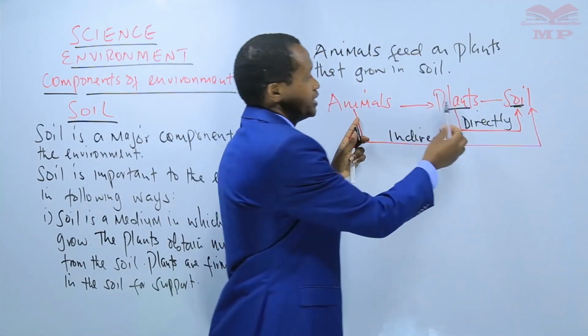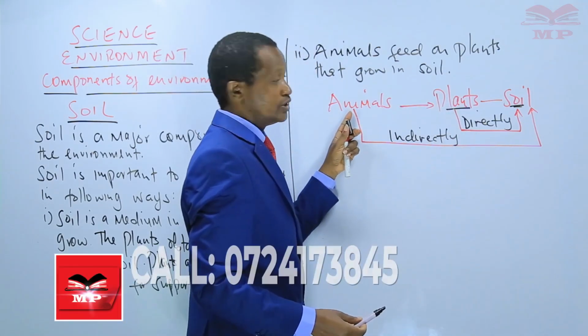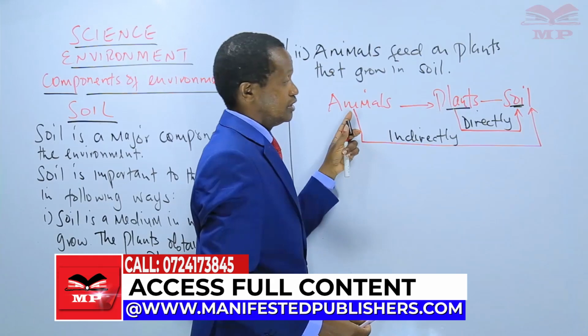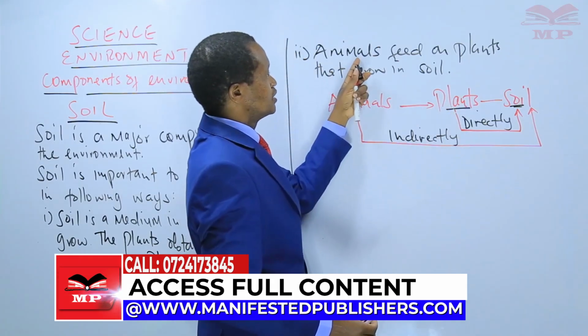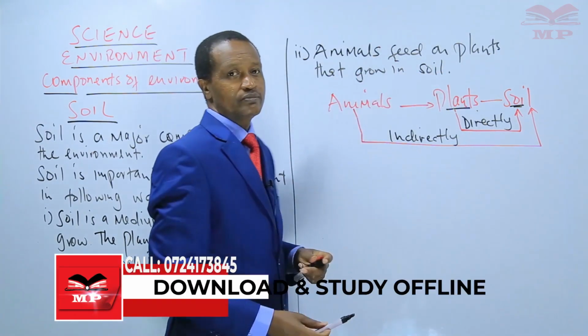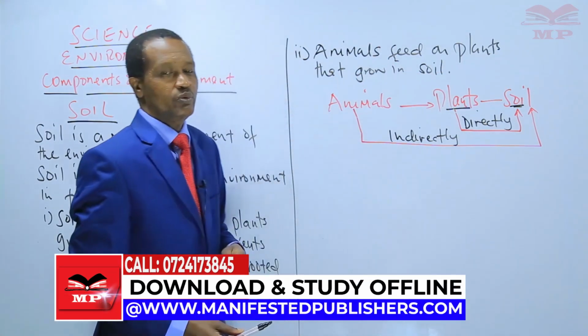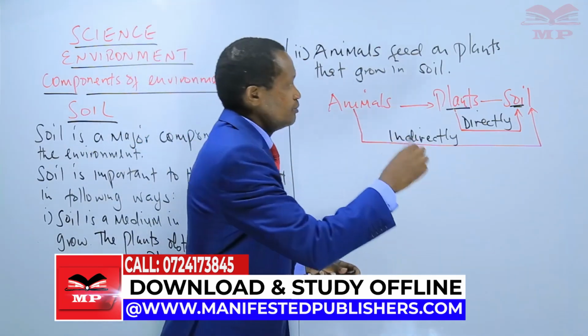So without plants, animals cannot survive, including human beings. They cannot survive. So that's why we say that animals feed on plants that grow in the soil. Without soil, there will be no food for animals.